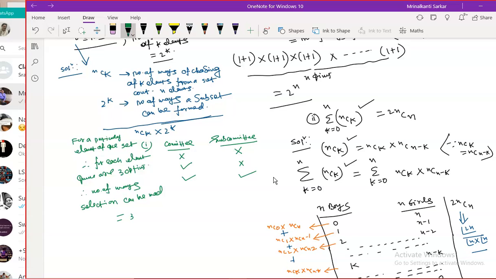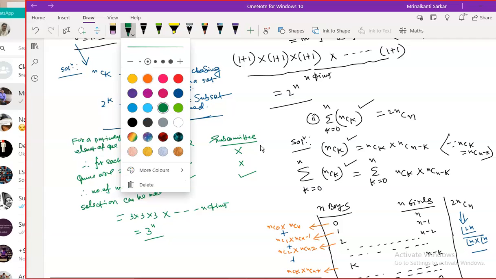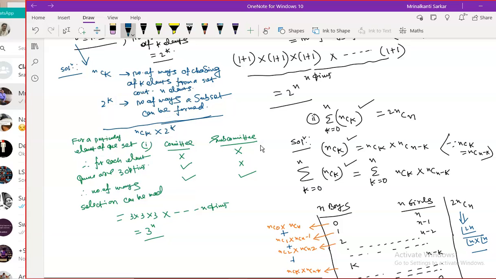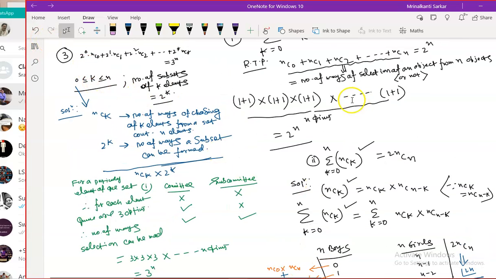This is going to be 3 into 3 into 3. For each, there are three options. So this will be 3 to the power n. Here what you got is nCk 2 to the power k. This is for a given k. That k may be changing from 0 to n, that I told you earlier.